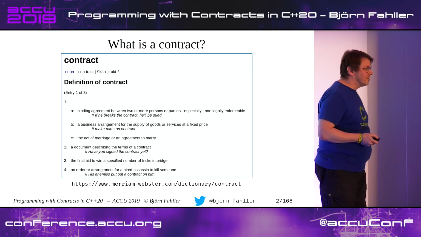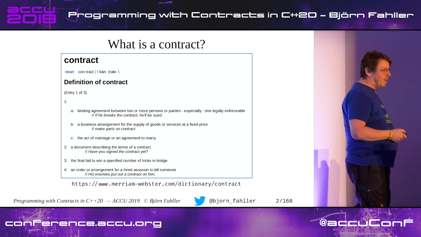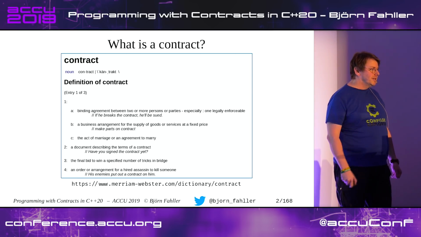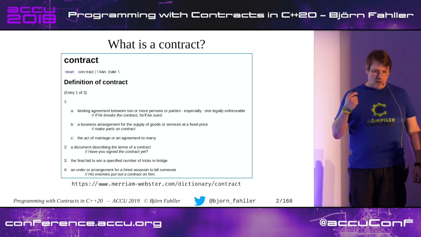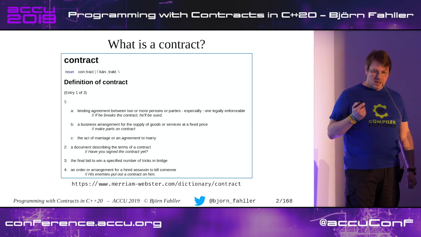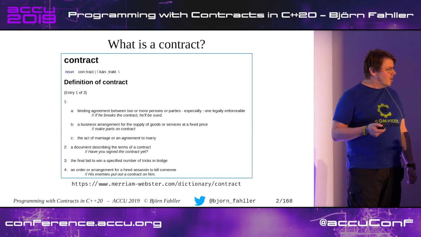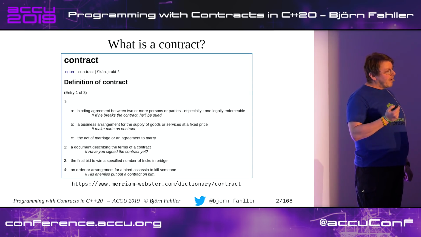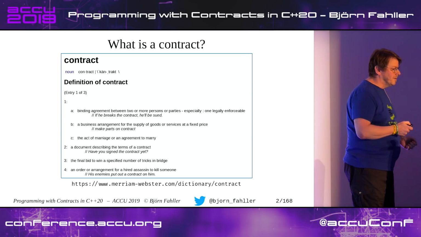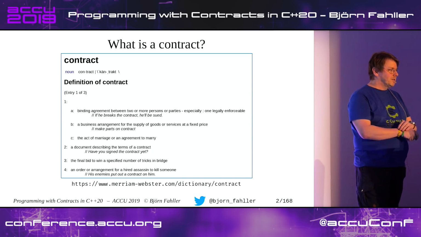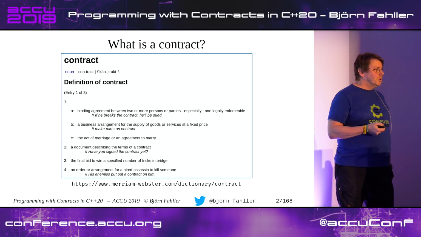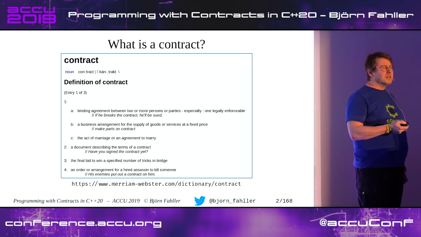What is a contract? A brief glance at Merriam-Webster's dictionary says: a binding agreement between two or more persons or parties, especially one legally enforceable. Okay, that is interesting. There are some applications to what I'm going to talk about today. A business arrangement about the supply of goods or services at a fixed price.